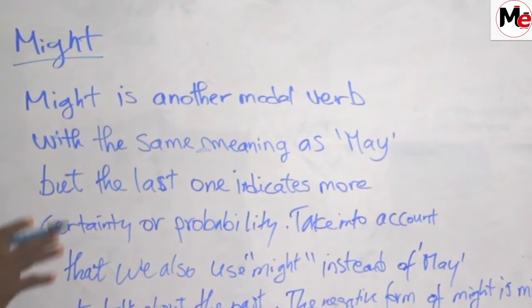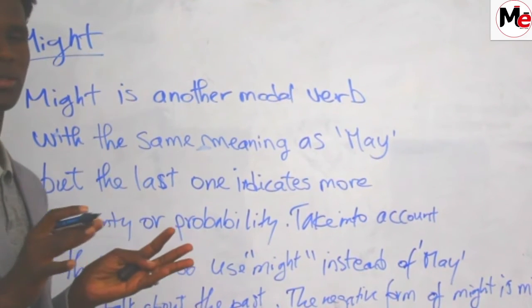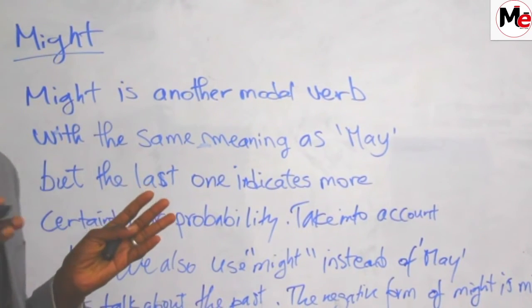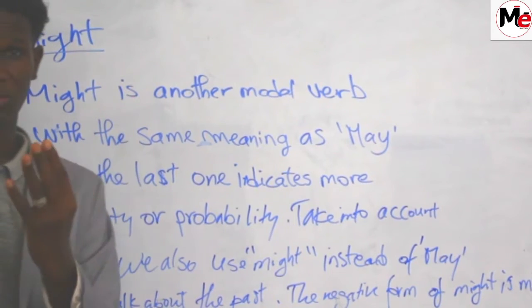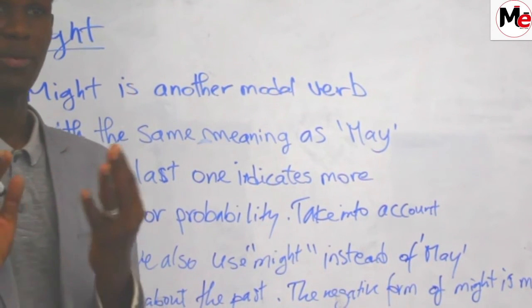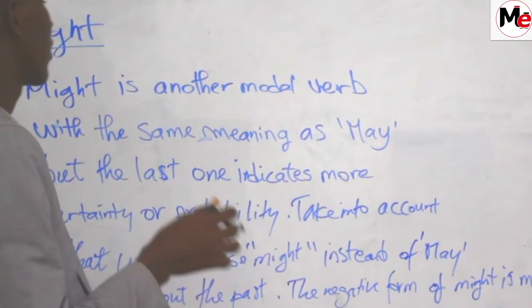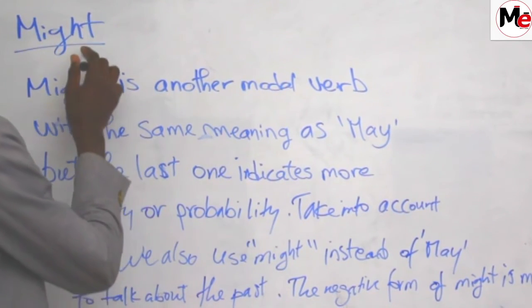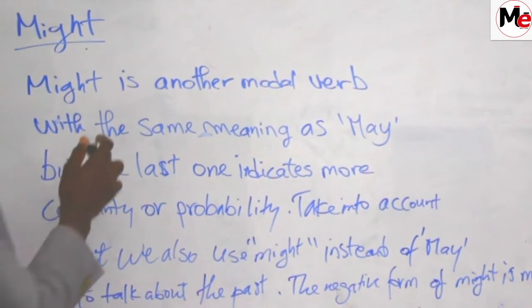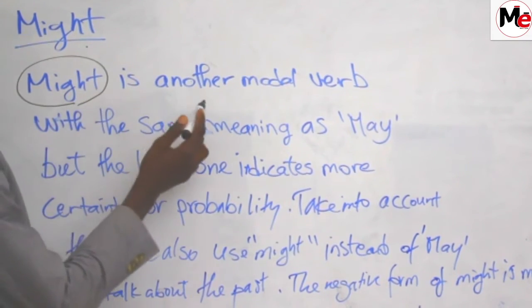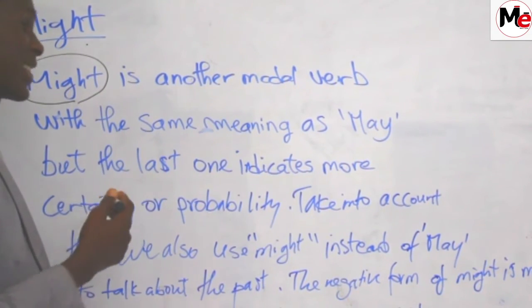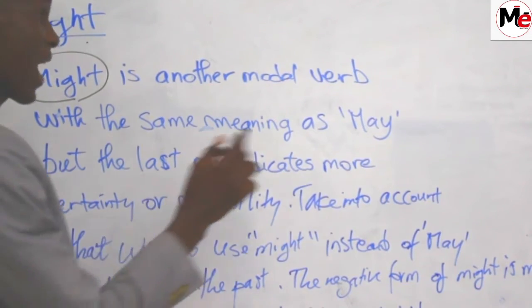Might. May, might. We looked at may in the previous section, and now we have might. So might is another modal verb with the same meaning as may.